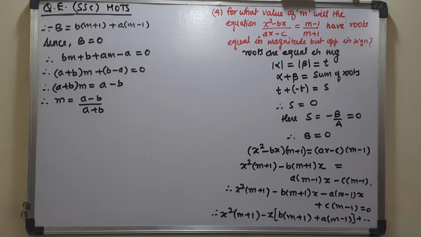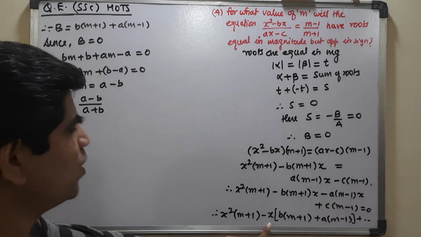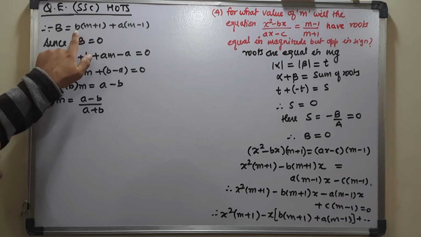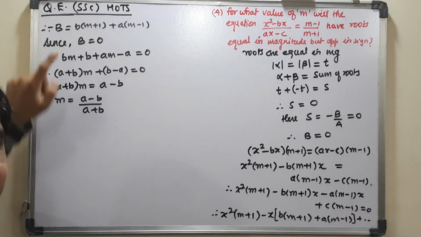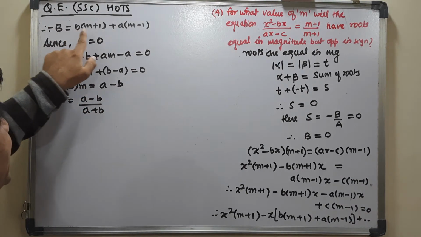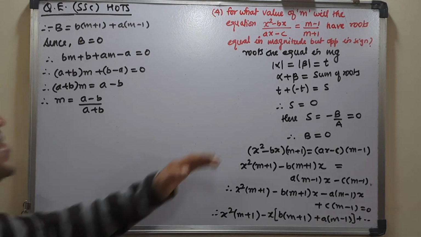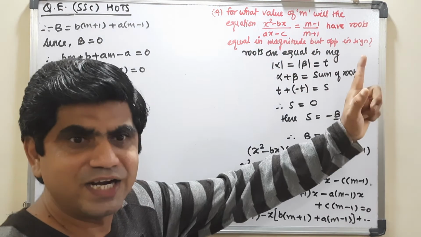Now you can see here that the value of b over here was actually minus. So this minus I wrote it over here, it does not matter at all. So I got b into m plus 1 into a into m minus 1. Now since the value of b is going to be 0 for this condition to exist, what is that condition?